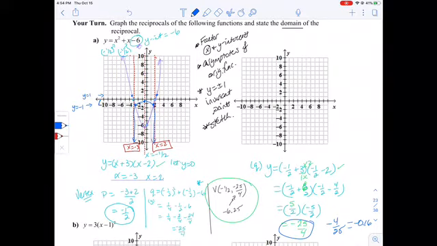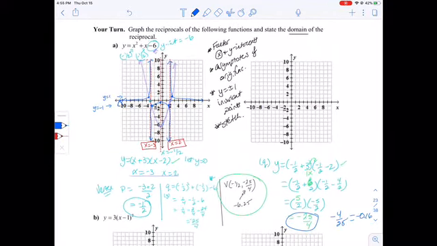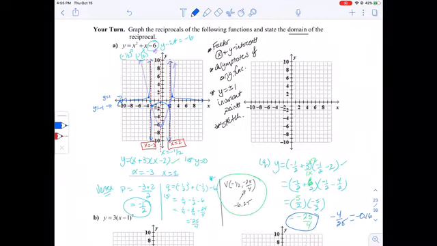So there is our reciprocal function in the middle, and then these guys are just very similar to the linear idea. And same thing, but a symmetrical branch on the other side. Okay, and there is our reciprocal function.